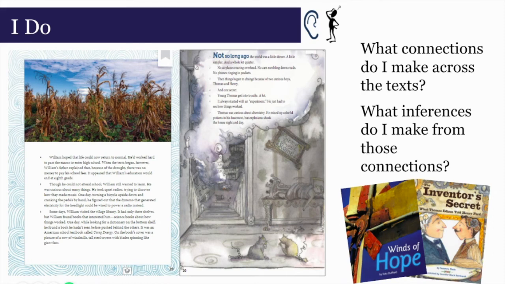When I look closer at how the authors presented the curiosity, there's a difference in tone. Tone is the way something sounds. In The Inventor's Secret, the author presents Henry's and Thomas's curiosity as mishaps, getting into trouble, menaces. But in Winds of Hope, the author presents William's curiosity as a means of learning, education outside of the school walls.